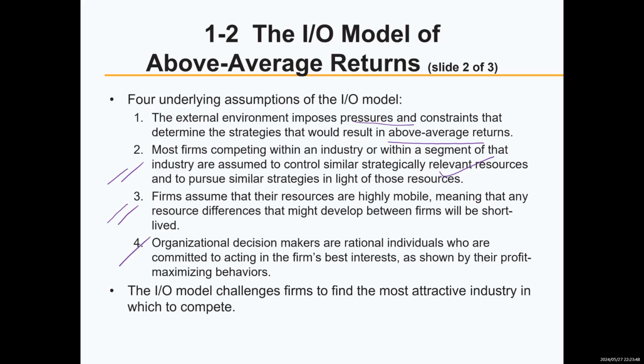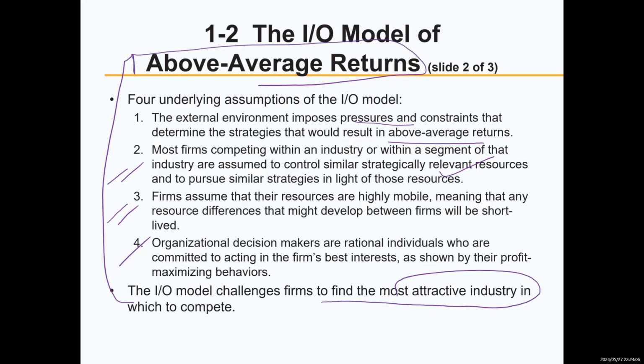The IO model challenges firms to find a more attractive industry in which to compete. Of course, we are talking about maintaining competitive advantage, and one of the key features of competitive advantage, why pursue that? To earn above average return.